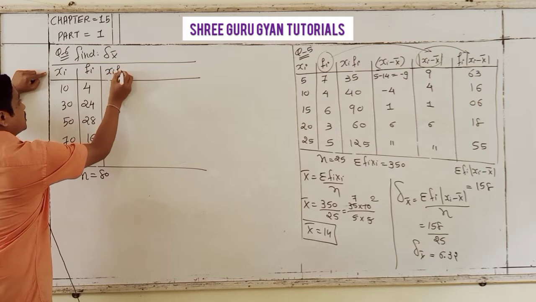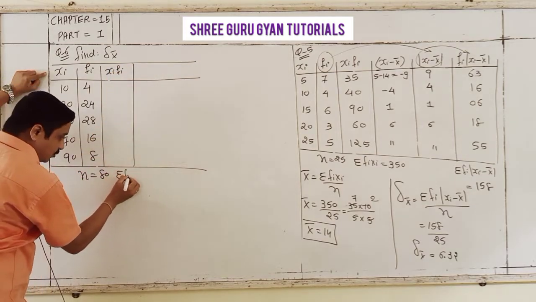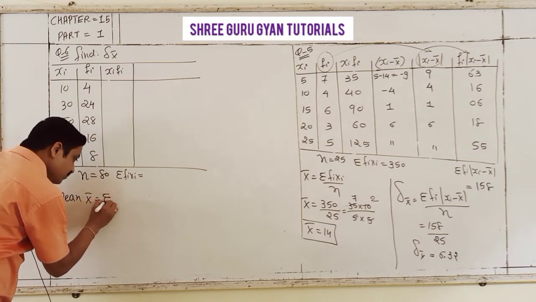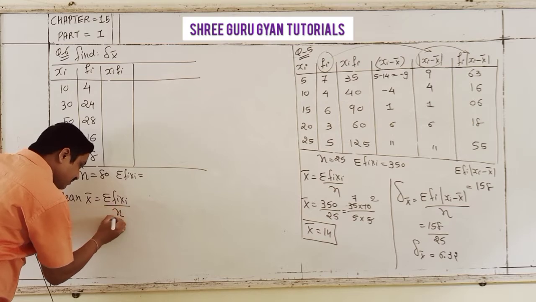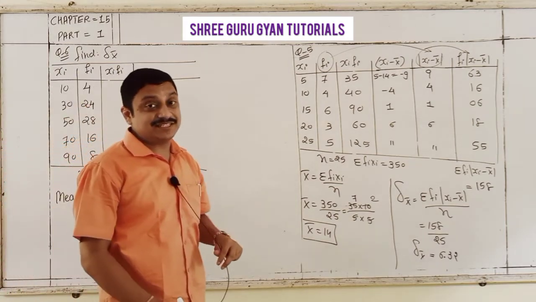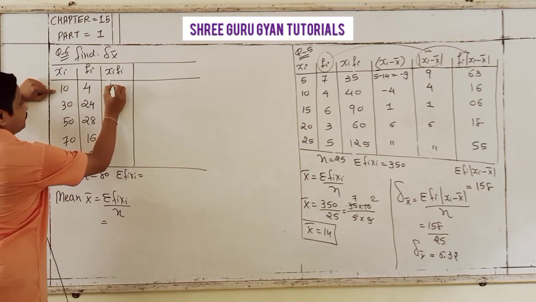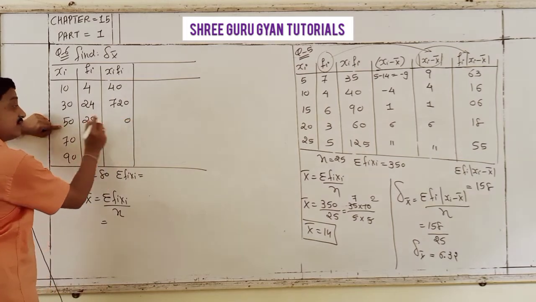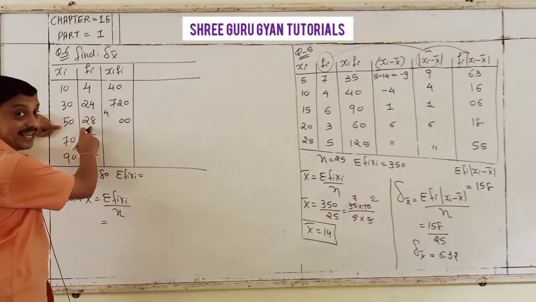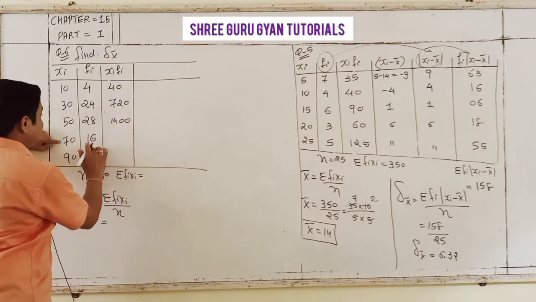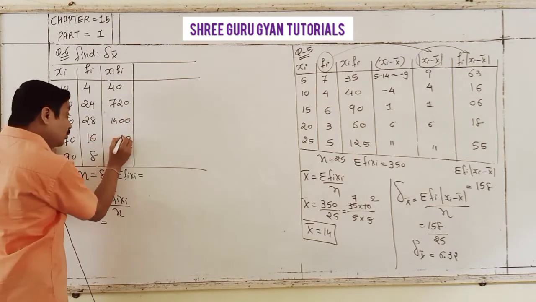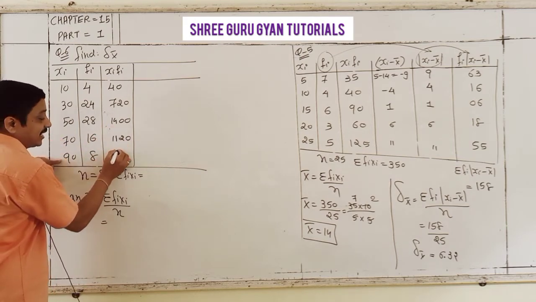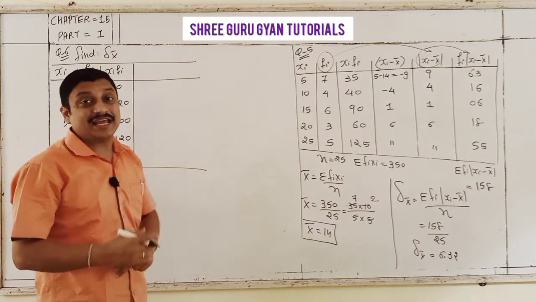Here we start xi fi. Students, this xi fi total you will get, as in the mean process and mean formula you know very well, sigma fi xi by n. Now I will take the multiplication in multiple form: here 40, here 720, next 1400, next 1120 and 720. The total, students, is 4000.